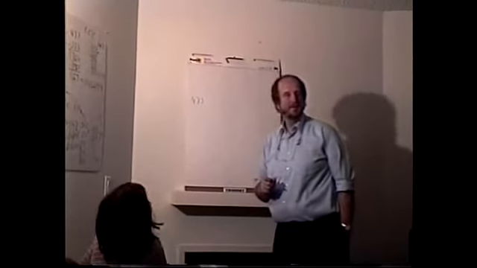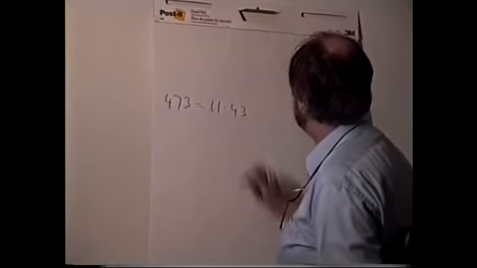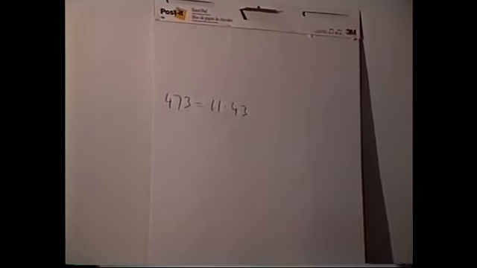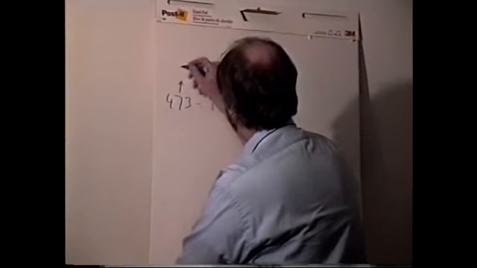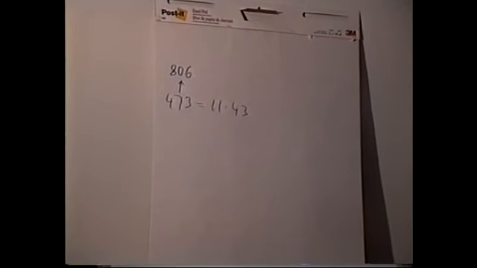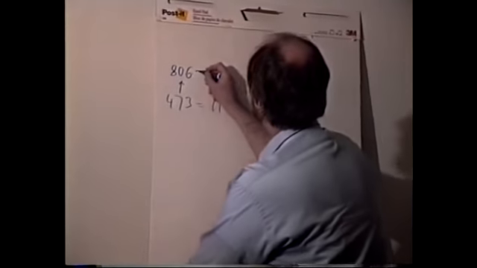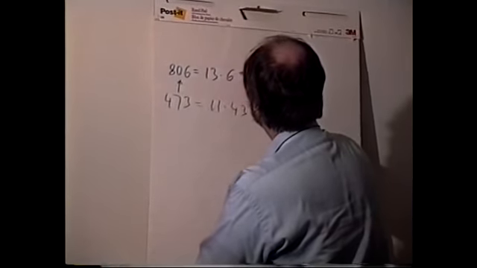Now, I take 473 and I say 473 is 11 times 43, right? The 473rd numbered ayah from the end of the Quran is this one, ayat 86. When I read this concatenated as 806, I see 806 is 13 times 62.